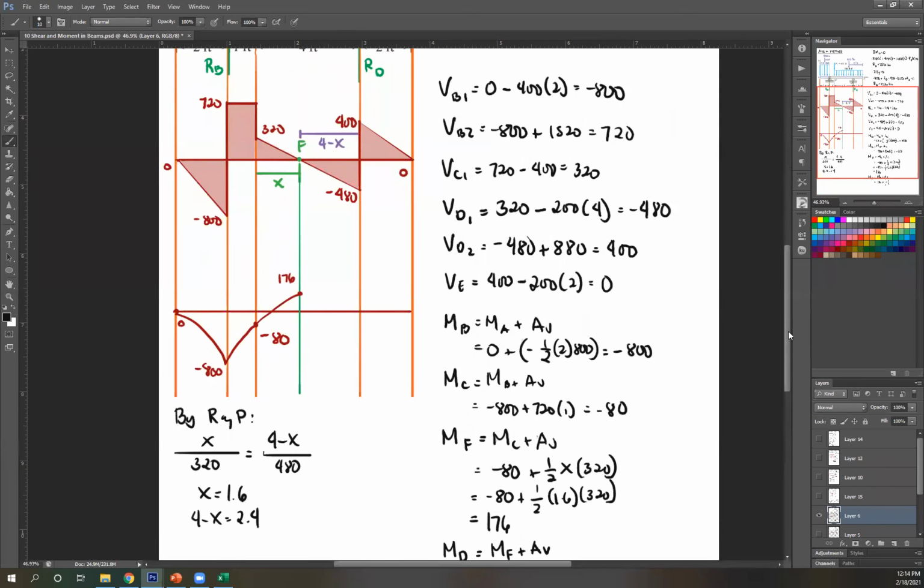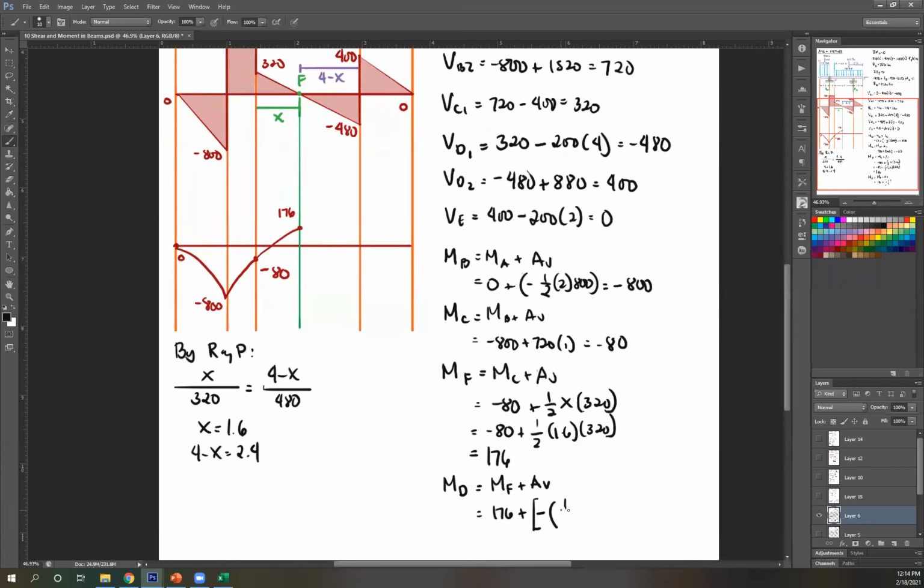This is another right triangle, so 1/2 base times height. So 1/2, base is 4 minus x, which is 2.4. Then height is 480. Okay. So what's the answer here?